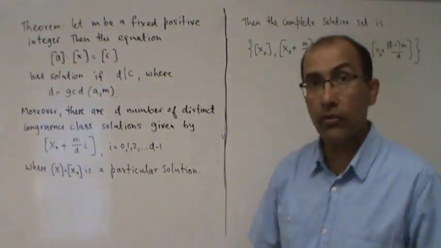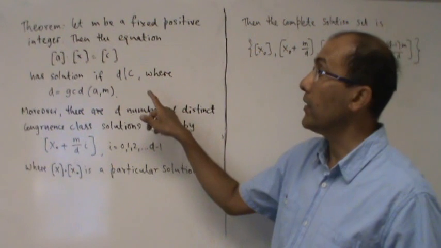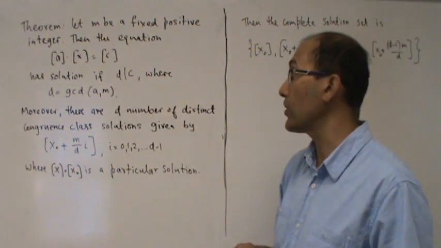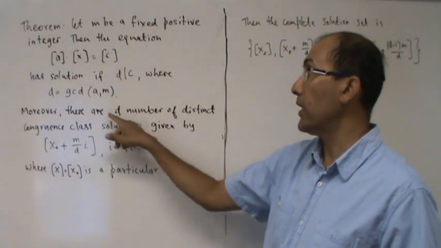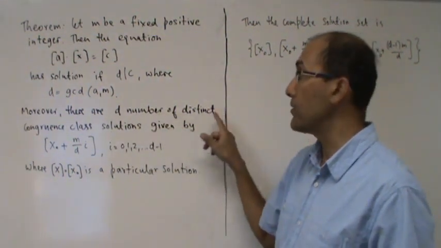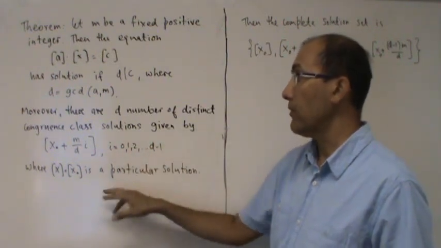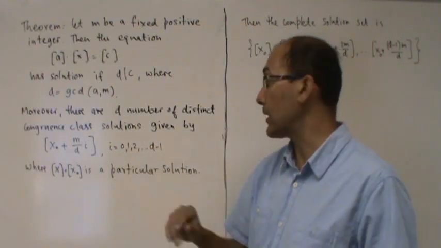And it's not only that, this d also tells us the number of distinct solutions. Moreover, there are d distinct congruence class solutions, where x0 is one particular solution.